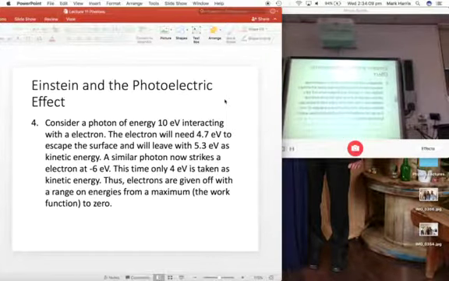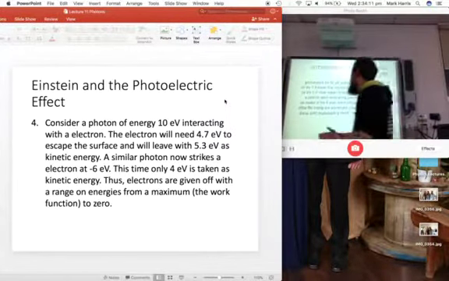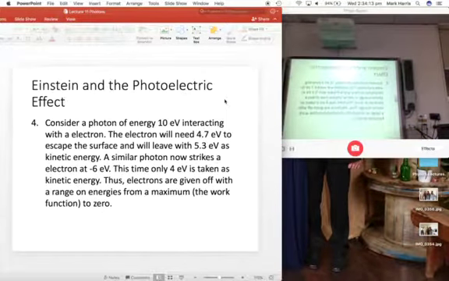And number 4, consider a photon of energy 10 electron volts. What's it going to do to the most energetic electron? It's going to be 10 take 4.7, so it's going to give it 5.3 electron volts of energy.